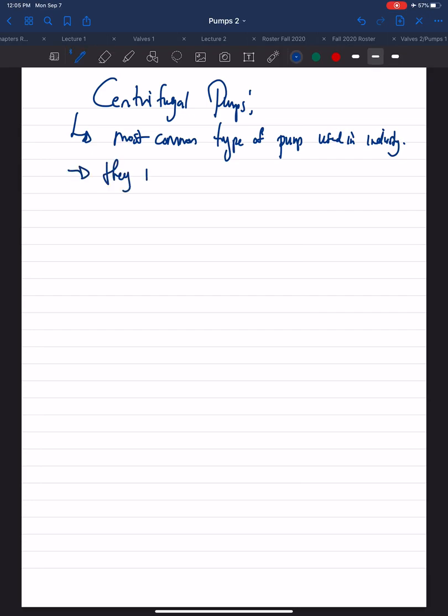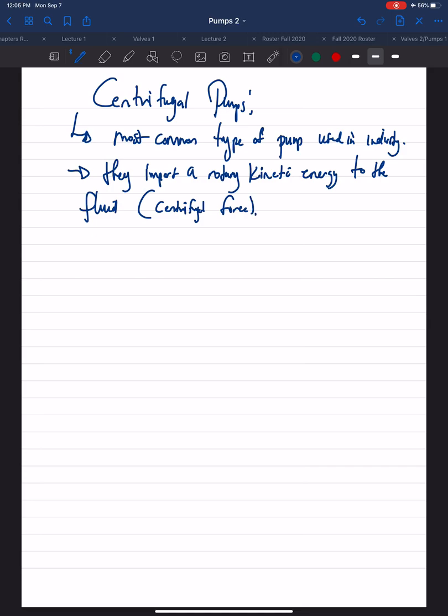They impart a rotary kinetic energy to the fluid, which is the centrifugal force, hence the name.